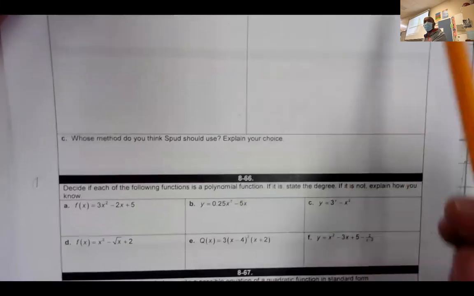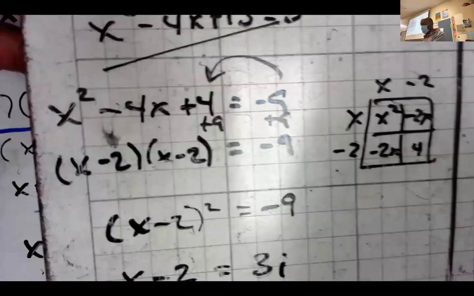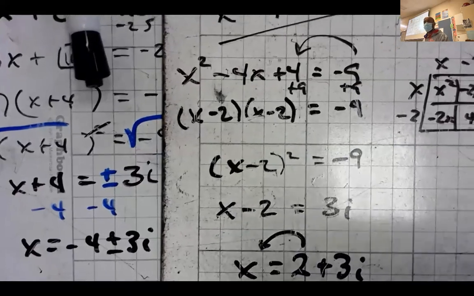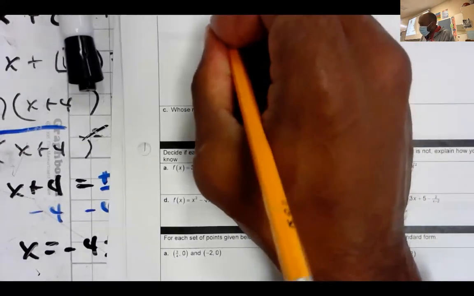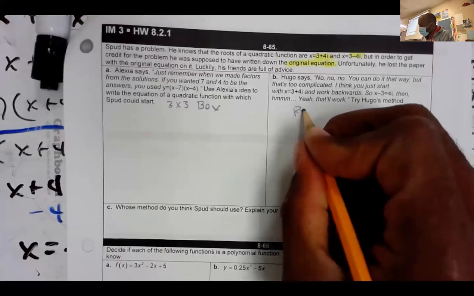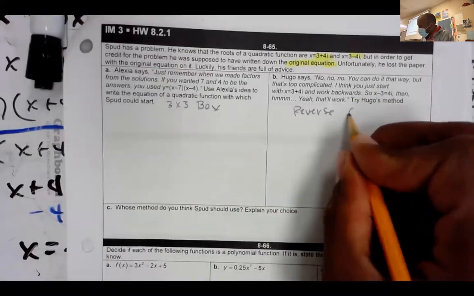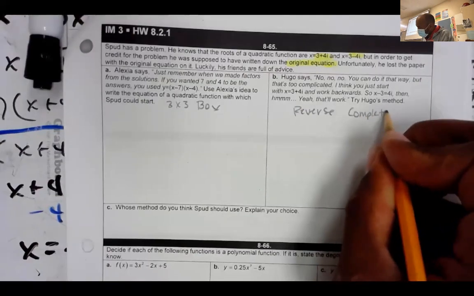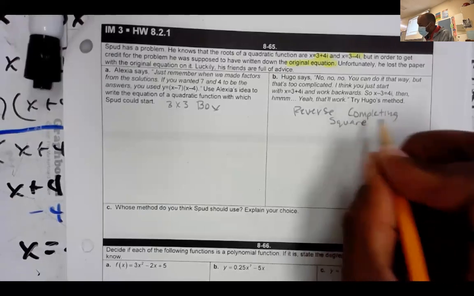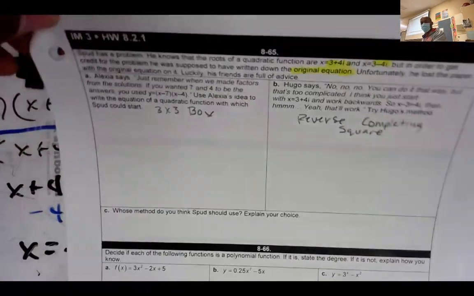The one on the right over here, you're going to be doing the square method that I just went over, or reverse complete square, okay? All right, so here you're going to do the 3x3 box. Oops, sorry. And then here, reverse completing the square. You can write this down or not, because you can always go back and look at the video, or if you took a screenshot while I was working, you can refer to that.